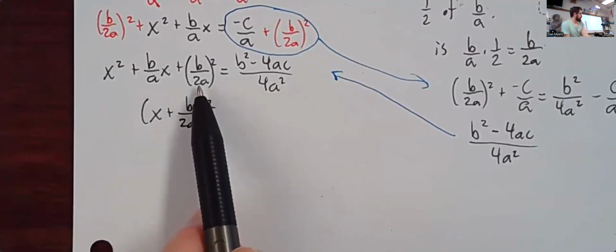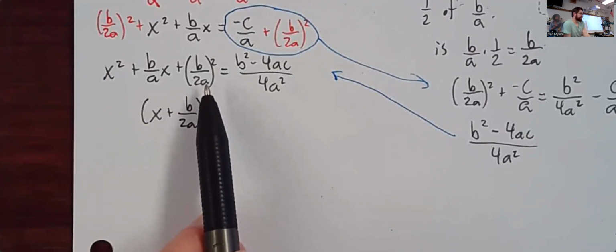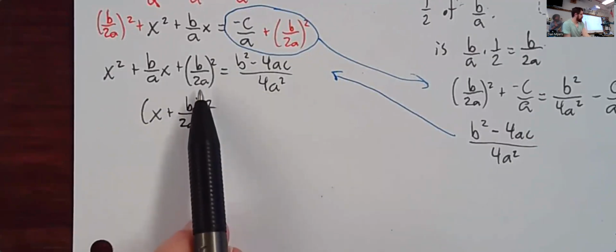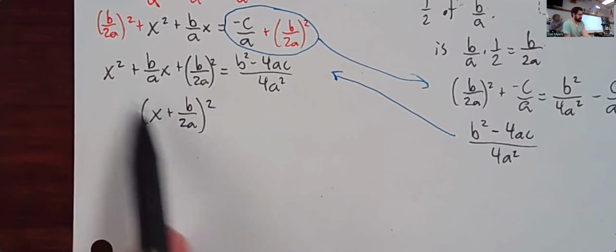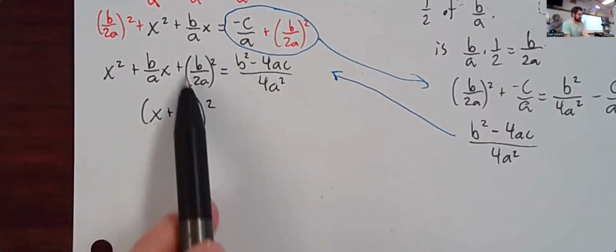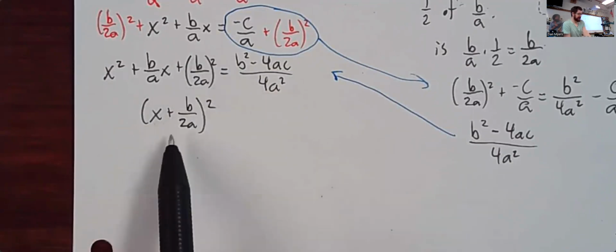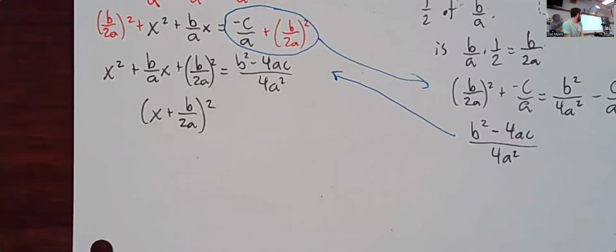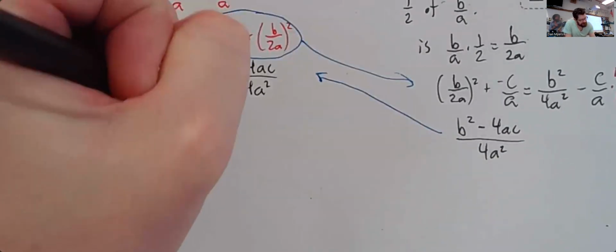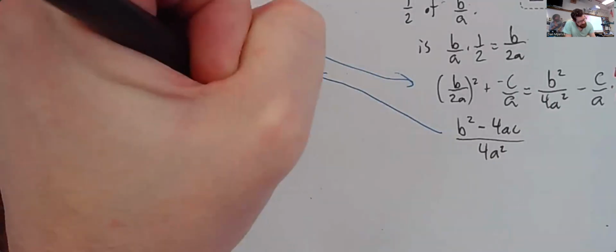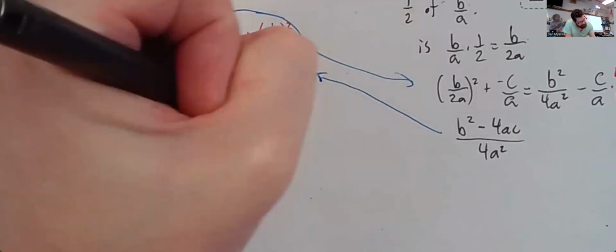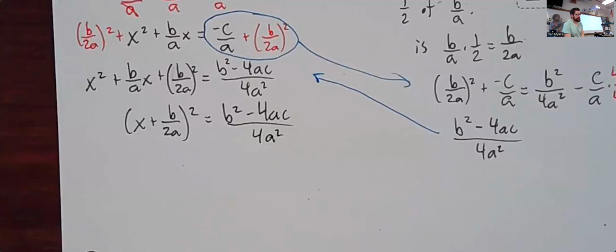Because this is the square root over here. We never squared it in the first place, so that is the square root. And so it's the square root of x squared, which is x, the square root of this thing if we squared it, which is the thing in those parentheses. So we add it to it, and then it ends up being squared, a perfect square trinomial. And this is still equal to b squared minus 4ac over 4a squared.